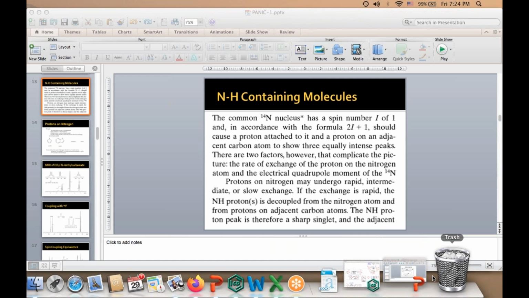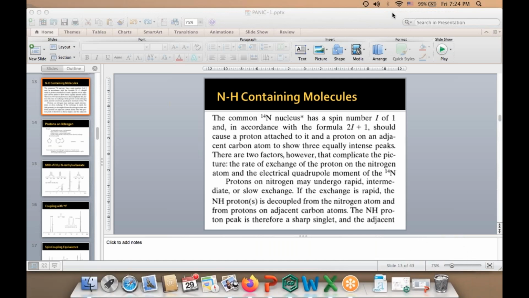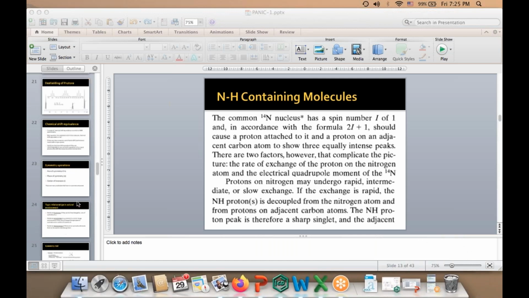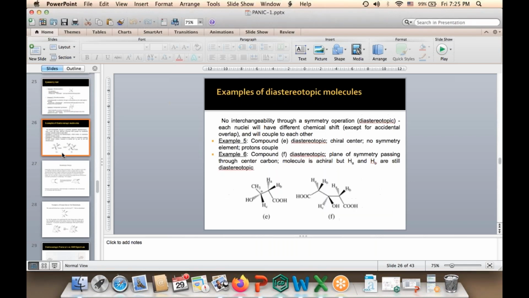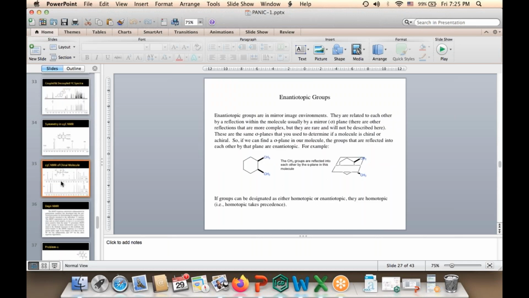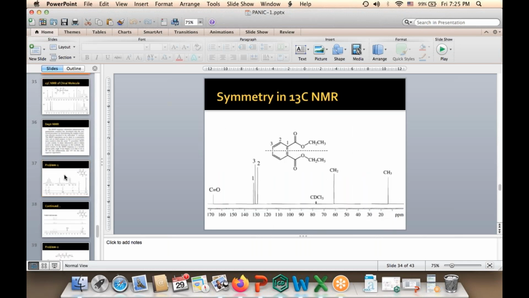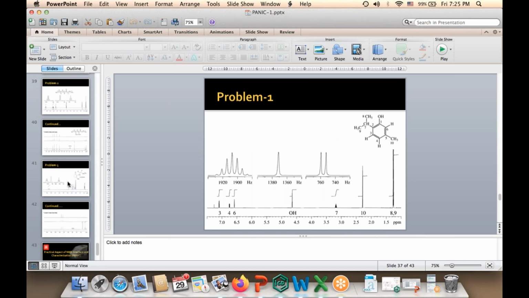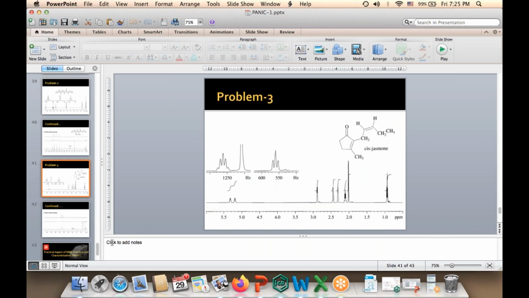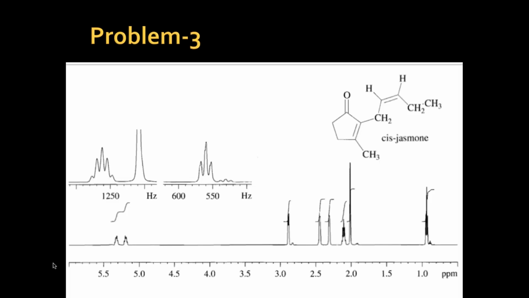One more question also from Varun. If in a compound there is more than one symmetry element present, then how will we study the spectra? That's why I said once your molecule gets complicated, once you have more sets of peaks, let me show you one example. See this sample.